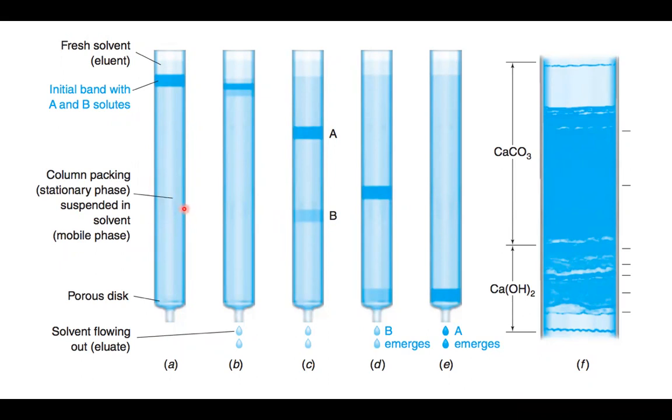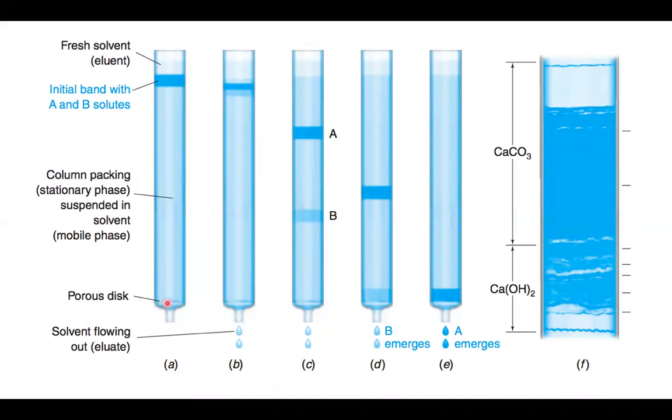So it's important that before we add our sample, which contains both the wanted and unwanted components, we have a wet stationary phase. The stationary phase should be filled with solvent and should not be dry in any part of it, because if there's a dry area, some of our, in this case, A or B can get stuck there, and it's very hard to remove it if it gets stuck.